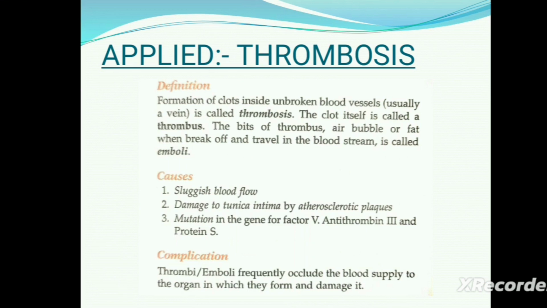That's why I said you must learn the factors in sequence. So the mutation in the gene for factor 5, antithrombin 3 and protein S. What else happens in thrombosis? Thrombi or emboli frequently occlude the blood supply to the organ in which they form and damage it.